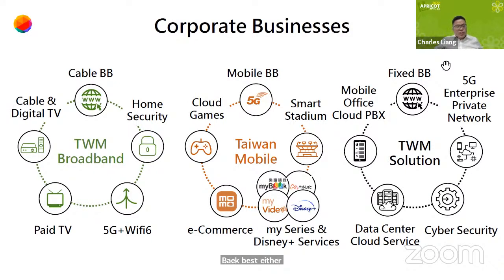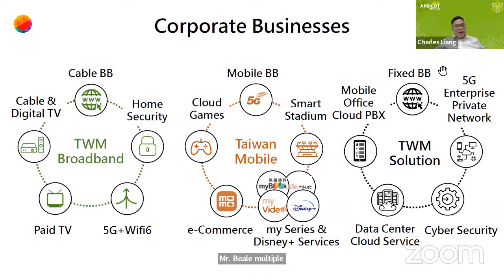These two smart stadiums use the services of immersive virtual reality, 360-degree live video broadcast, multi-view video streaming, 4K ultra high definition video, 3D real-time replay, and the coming AR, MR, VR, multiple access, edge computing technology, and so on.